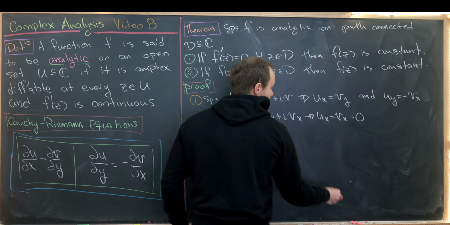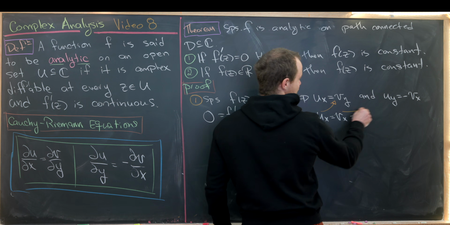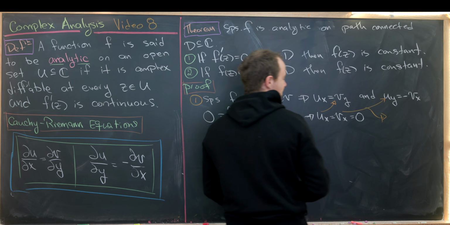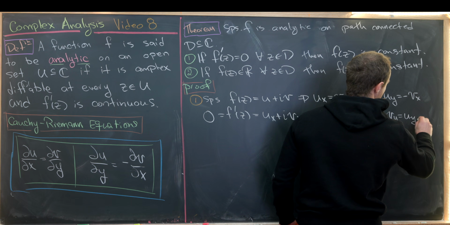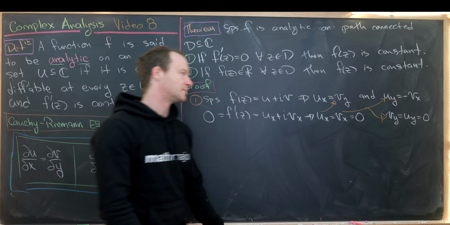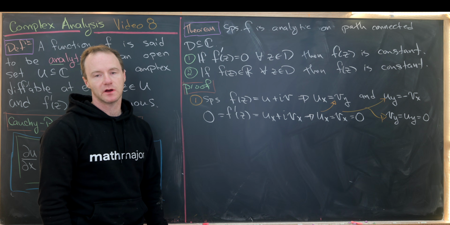But now, this line right here, together with the Cauchy-Riemann equations, tells us that vy equals uy is also equal to 0. So both first partials of u and v are 0.